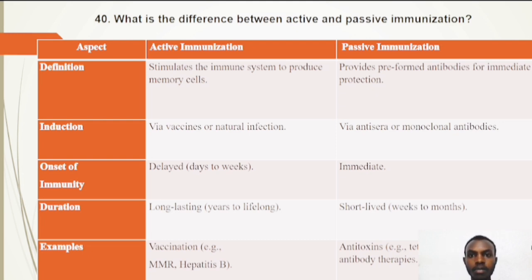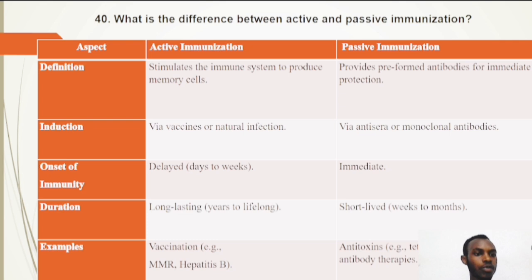For passive immunization, by definition, it provides preformed antibodies for immediate protection. For induction, active immunization is induced through vaccines or natural infections, while passive immunization is via antitoxins or monoclonal antibodies.